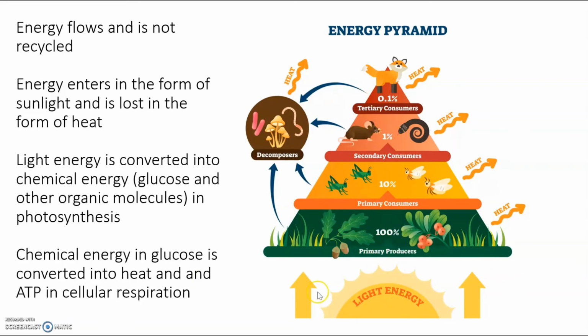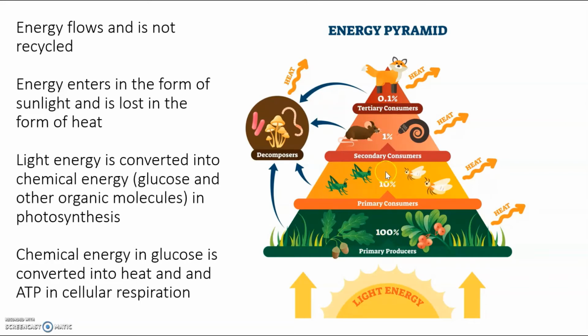So we have energy entering as light energy taken up by the primary producers, and then some of the energy stored in the primary producers is transferred to the primary consumers because they eat the plants. So this is actually a food chain, right? Producer to primary consumer, secondary consumer, tertiary consumer.